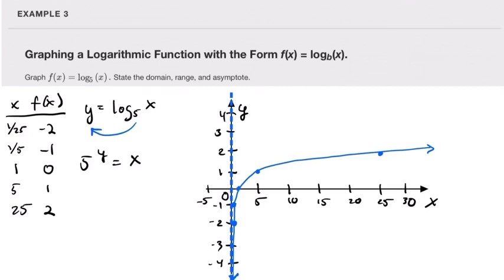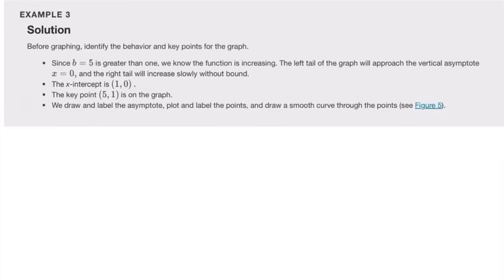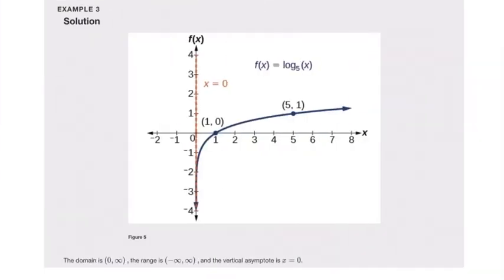Then it was easy. To me, it's easier from that point. Choose values of y and find the corresponding x, right? I think it kind of flows from there. Okay, so this was us doing it by hand. I'll let you read through that on your own, and you see we get the same image here.